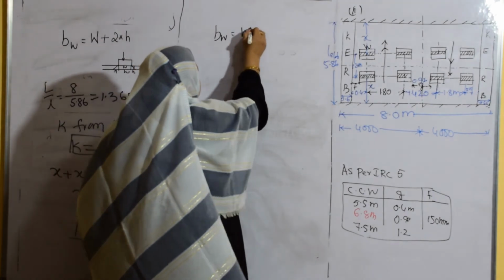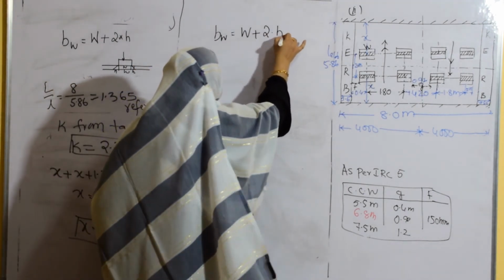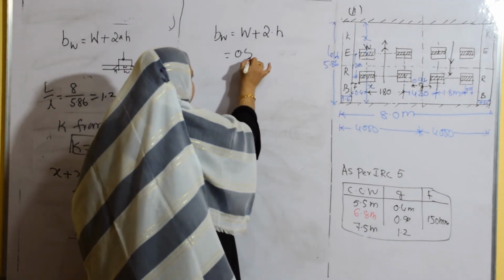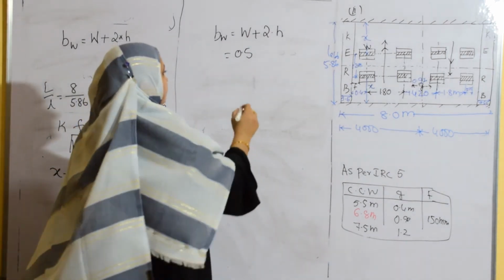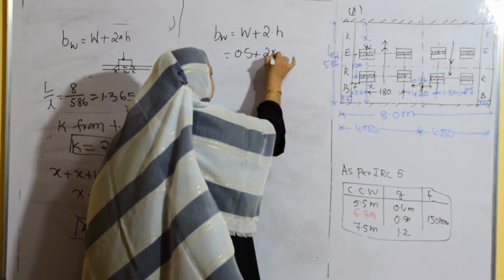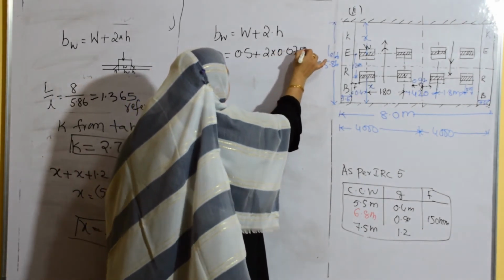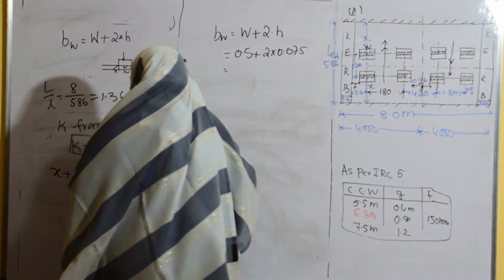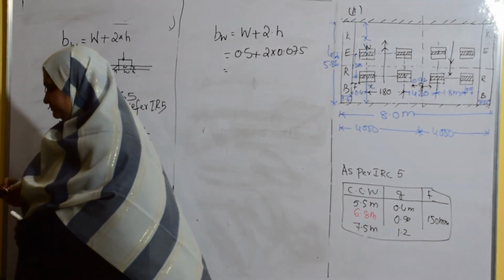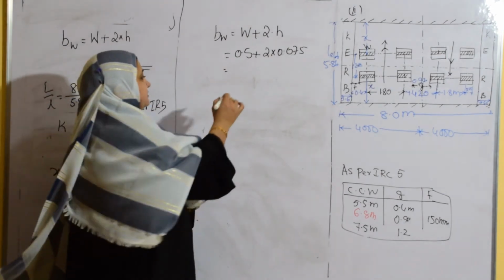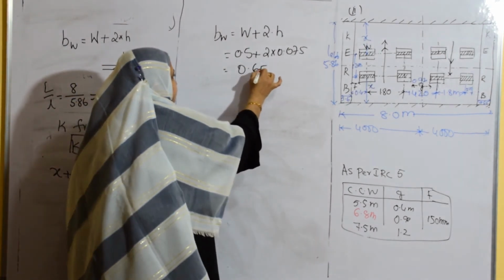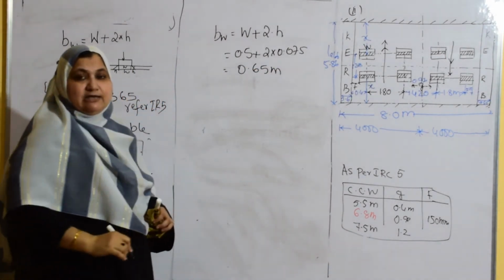BW is equal to W plus 2 into H. So your W is 0.5, 500 mm for class A loading. Thickness is 0.075, so 2H comes out to be 0.15. So 0.5 plus 0.15 comes to be 0.65. So all the values are with you.